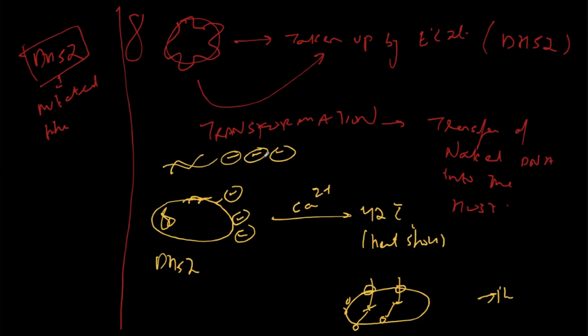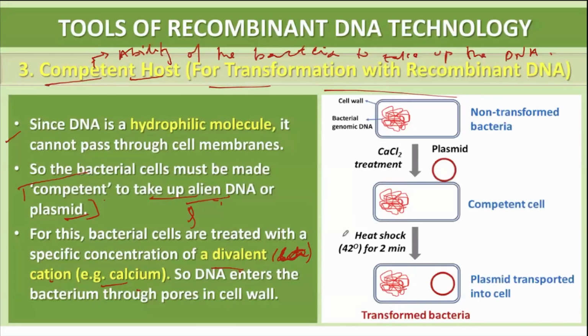Then we give the bacteria a 42-degree shock, because it's all in ice. The pores will open and the DNA will enter. Then, to close the pores, we again keep it on ice, and that's how the DNA goes in.